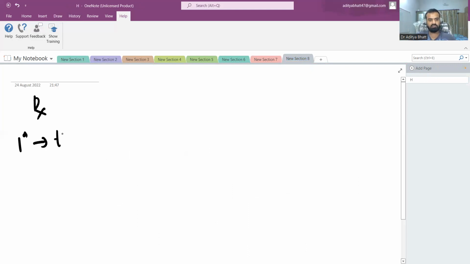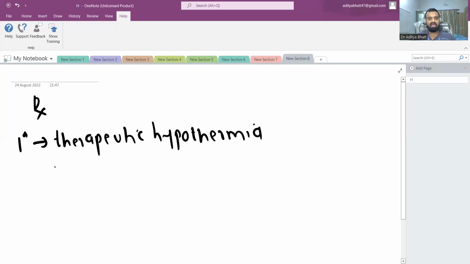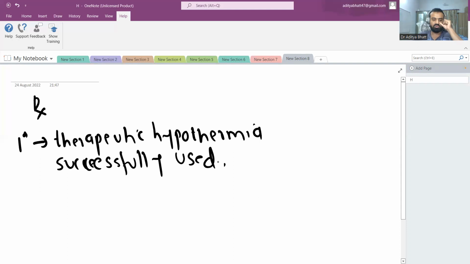So therapeutic hypothermia has been successfully used to cool the brain down. It is used for 48 to 72 hours, and the brain is cooled down to 33.5 degrees Celsius, sometimes 32.5 degrees Celsius.